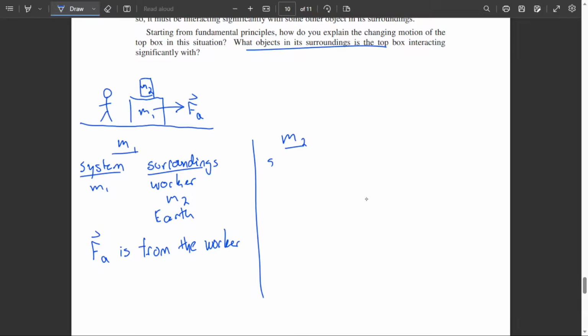If we look at the top box, we're going to do the same thing. We're going to say the system is M2. Surroundings: the worker, M1. Ignore my handwriting, I know it's bad. Well, I'm going to change something actually. I'm going to put it so M1 and M2 are both in the system always.